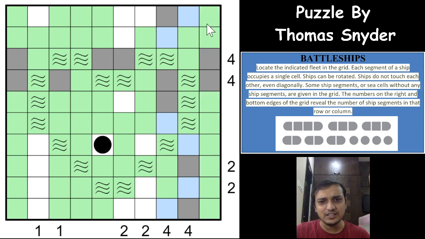We can just unshade that, and which means that all of the remaining ship segments have to be inside these 6 columns. Even a ship segment outside this column will give us 21, right? Because these 6 cells will have 14, 15, 16, 17, 18, 19, 20 and 21, which is not possible.